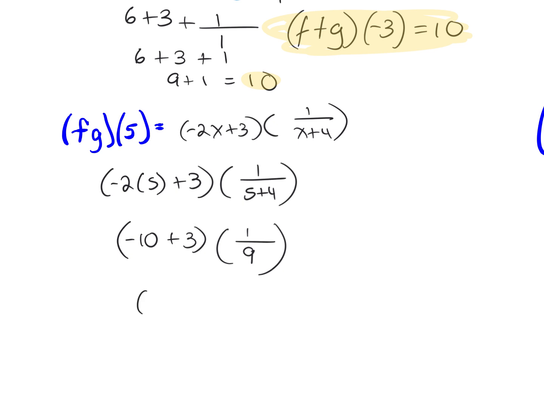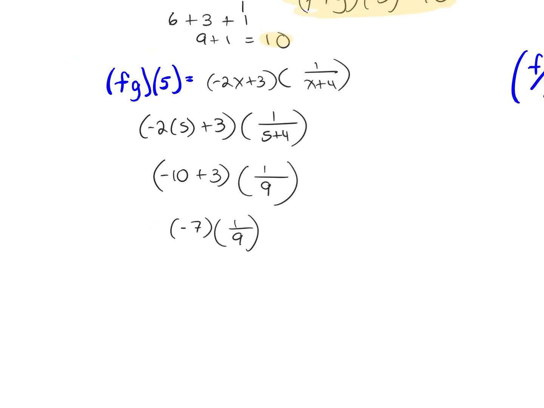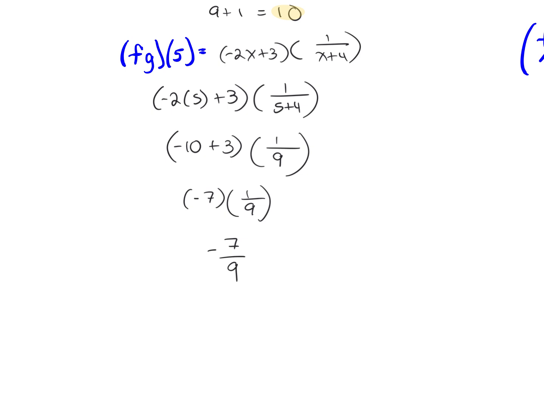So this would be negative 7 times 1 over 9. And when I finish it, it's negative 7 over 9. So that would be your final answer, or if you want to write it in the format we've been doing, it's going to look like this: F of G times 5 equals negative 7 over 9.